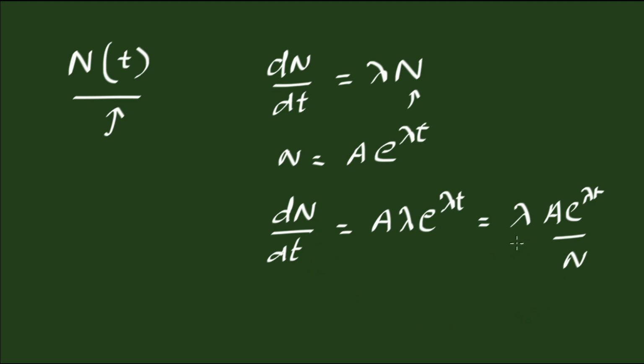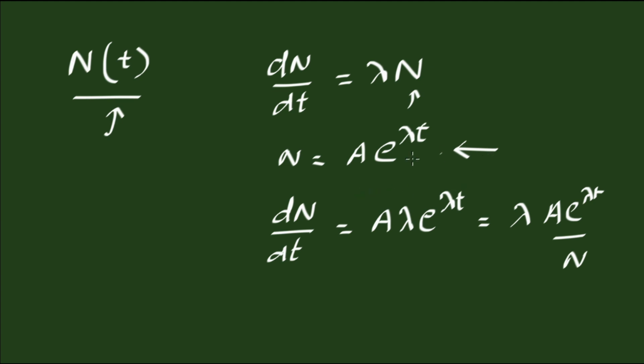So dn by dt is equal to lambda n. Therefore, this is a perfectly good solution. It's a perfectly good solution for any value of a. For example, 28 e to the power of lambda t will satisfy the equation, or 6 into 10 to the power 23 e to the power of lambda t will satisfy that equation.